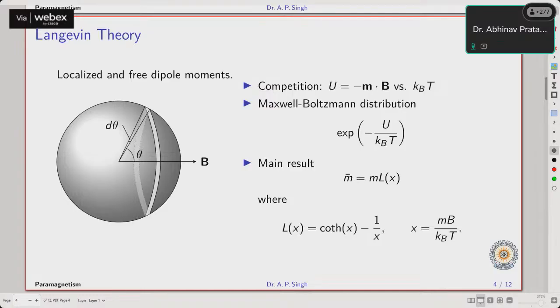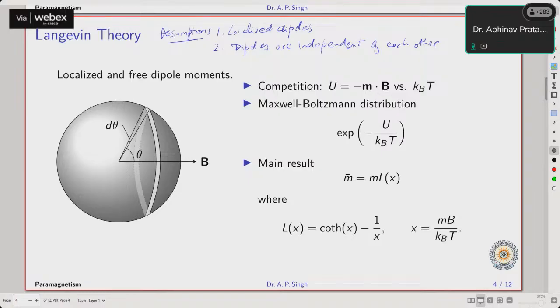In Langevin theory, the assumptions are, number one, that you have localized dipoles, and the second assumption is that the dipoles are independent of each other.